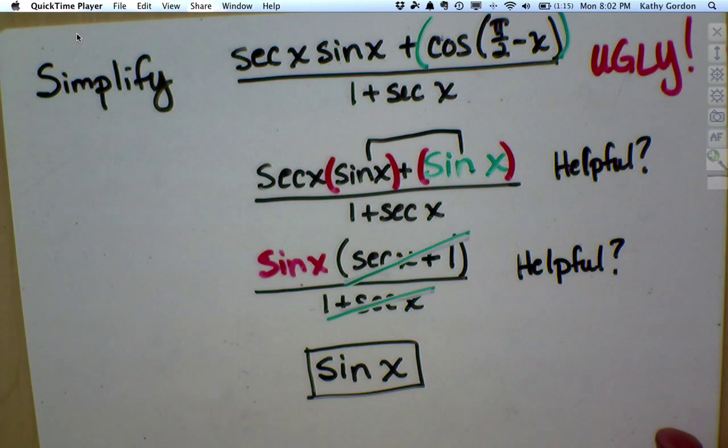And that's what you're going to be asked to do in your practice. You are given 15 different expressions that you're going to be asked to simplify down to their most simple expression. There is more than one way to get to those answers.